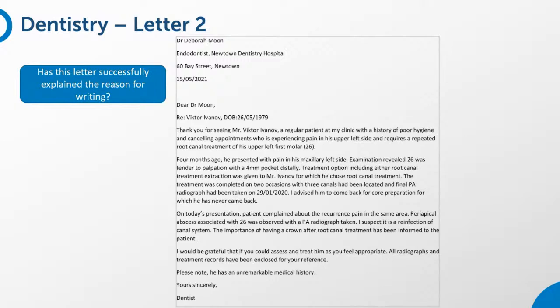How successful do you find this letter in explaining the reason for writing? Just give you 30 more seconds.